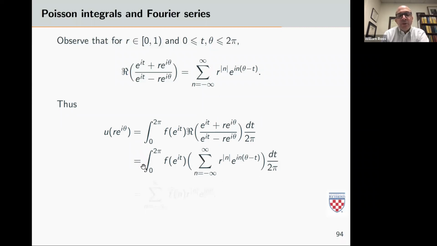Then I can switch the sum and the integral, because there's enough uniform convergence going around. And notice at some point I'm going to be integrating f of e^{it} against e^{-int}, which is going to give me my Fourier coefficient. So here is a nice series version of that harmonic function.